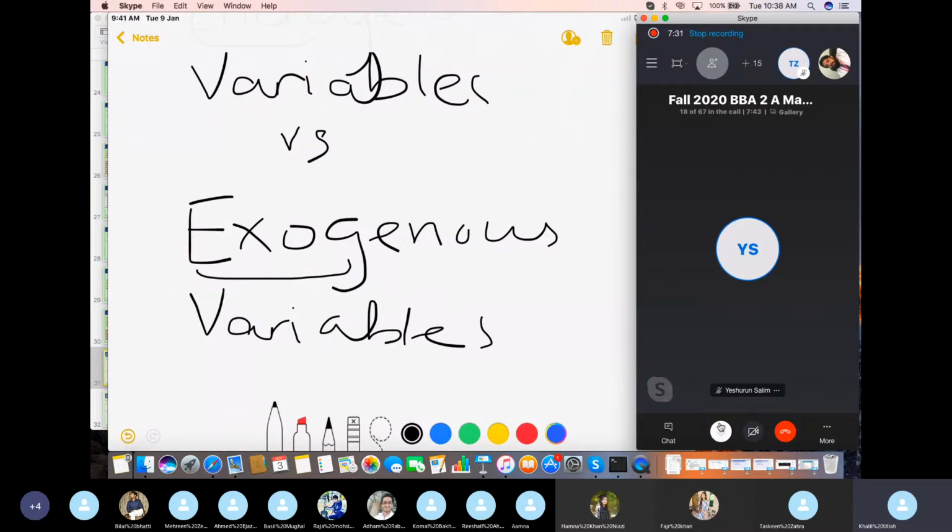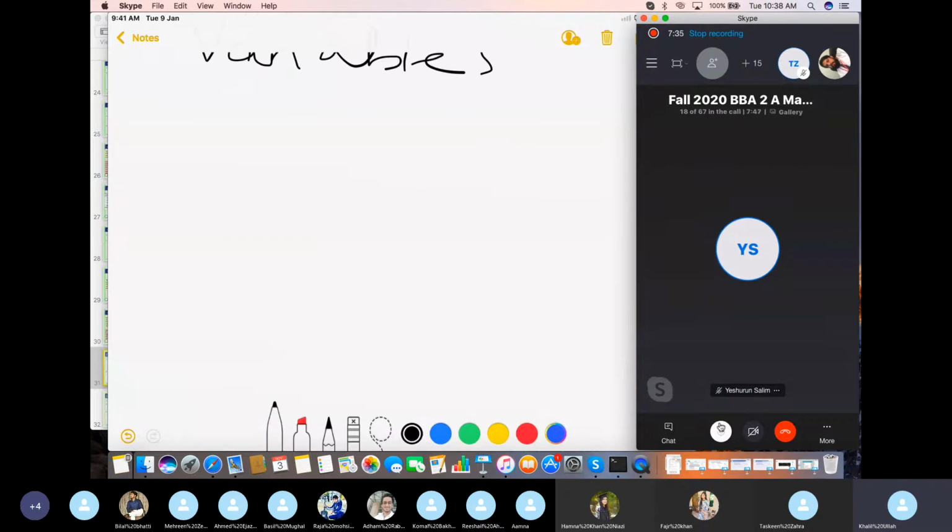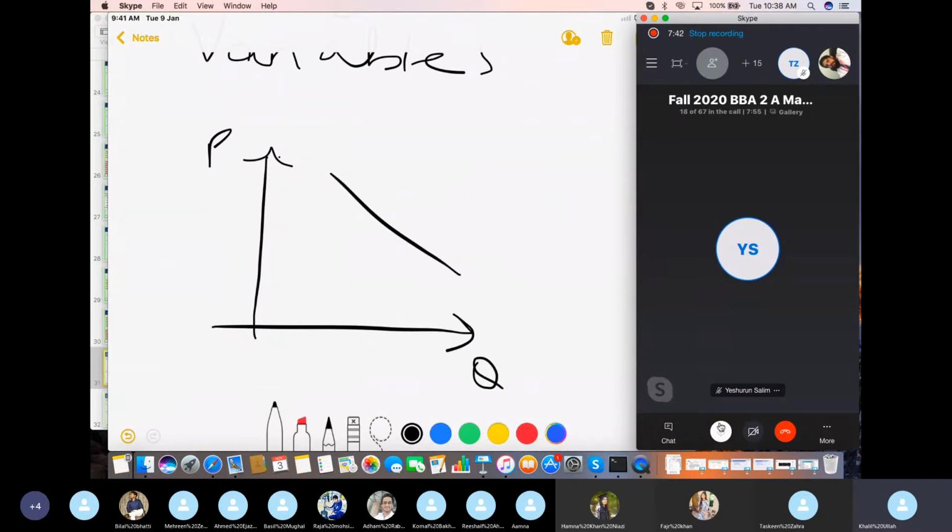In order to figure out what inside and outside means, we'll refer to our microeconomics demand and supply model, which was just price and quantity, with a demand curve and a supply curve for that particular product.